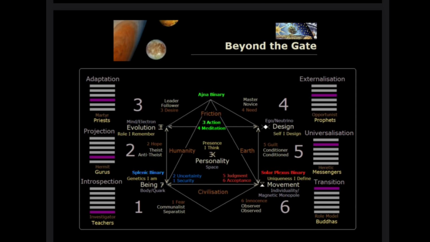The knowledge of the seven-centered being exists. It is not graphically the same, obviously, as the construct that I was given for the nine-centered being.